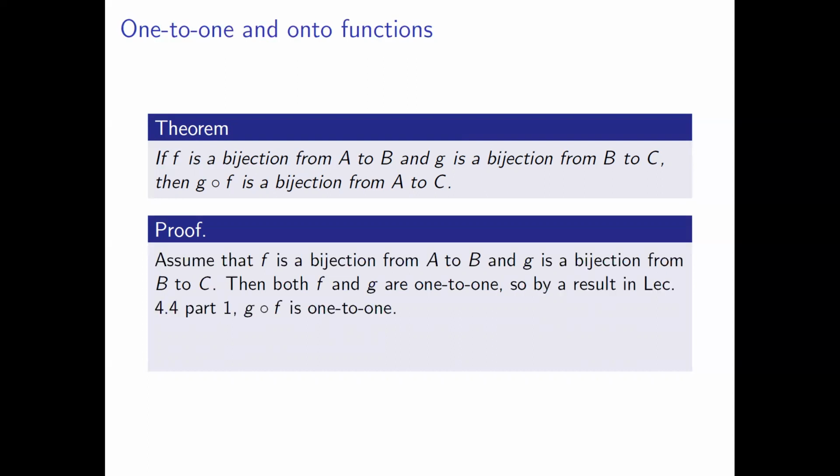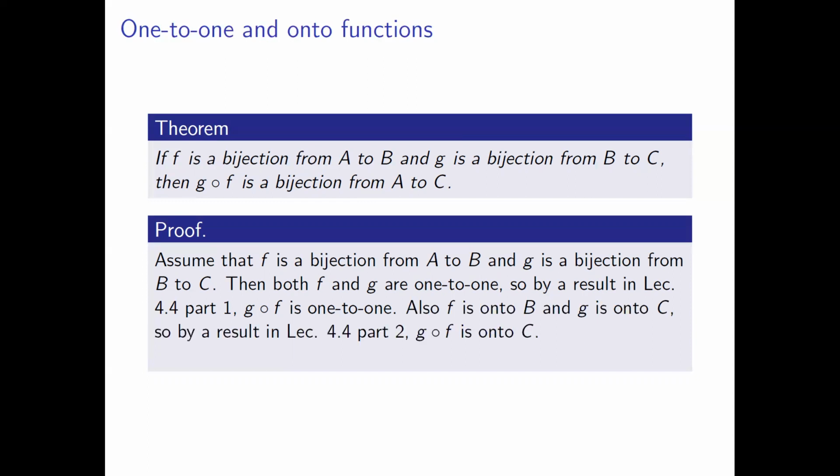So by a result in lecture 4.4 part 1, the composite function gf is also 1-to-1. Also, f is onto B and g is onto C. So by another result in lecture 4.4 part 2, the composite function gf is onto C. Therefore, gf is a bijection from A to C, and the theorem is proved.